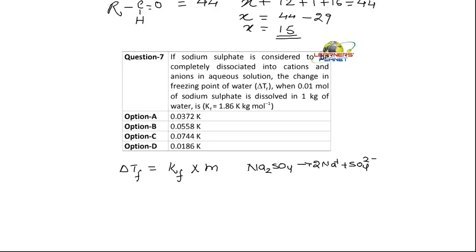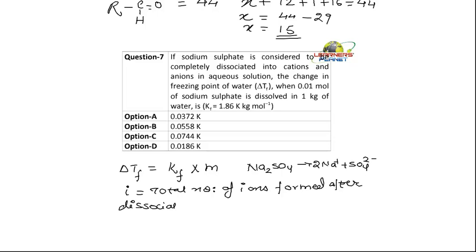Now, your van't Hoff factor is equal to the total number of ions formed after dissociation. Right, here the degree of dissociation is 1 because it is completely dissociated. So in this case, i will be equal to 3.